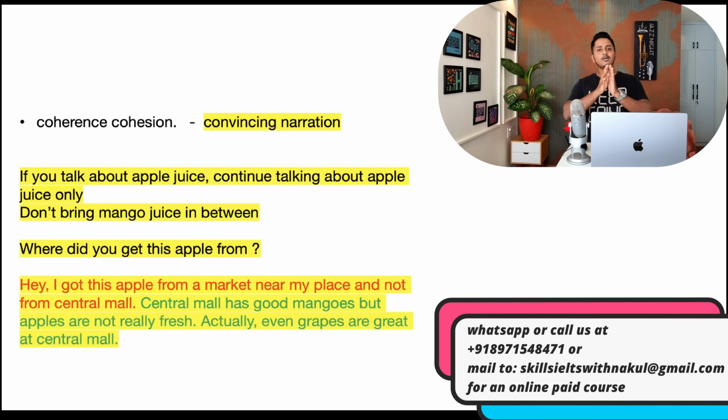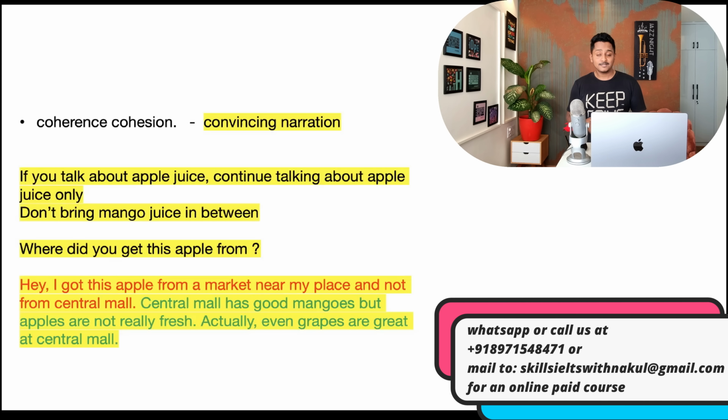People don't do that. For example, let me explain in very simple terms. The question is: where did you get this apple from? A typical band 6.5 looks like this: "Hey, I got this apple from a market near my place and not from Central Mall. Central Mall has good mangoes, but apples are not really fresh.